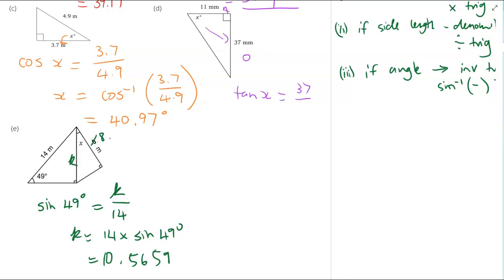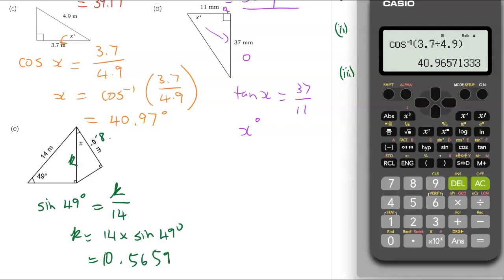Now, the other thing you might want to do, if you want to think logically, this is tan 37 on 11. So that 37 is a big number compared to the 11. So X should be bigger than halfway, should be bigger than 45. And you'll see that when we calculate it. Shift tan of 37.